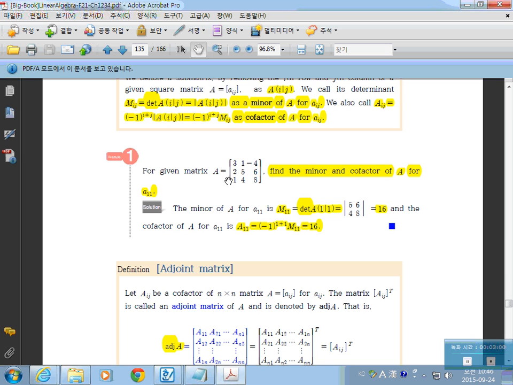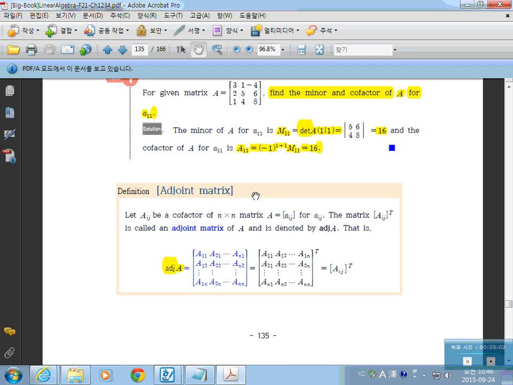And the adjoint matrix. Let Aij be the cofactor of the n by n matrix A for Aij. Then the transpose of the matrix of cofactors is called the adjoint matrix of A and is denoted by adjoint of A like this.